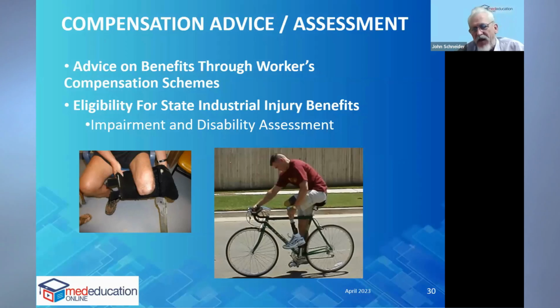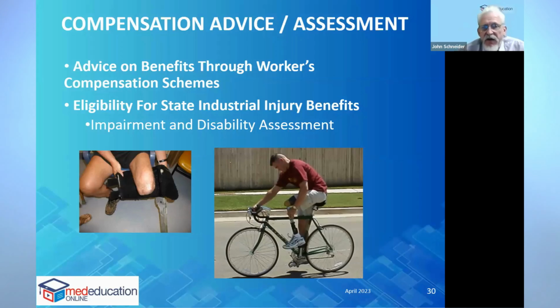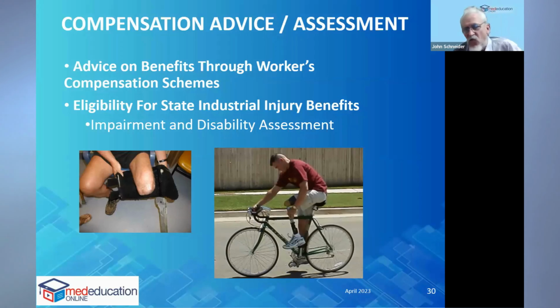So impairment and disability are two different things that hopefully, for those of you that are medical practitioners, we can make people aware of, that impairment is probably not the best measure of the effect of a person's injury or illness. Disability is more significant as far as the worker's capacity to do particular tasks. Next one.